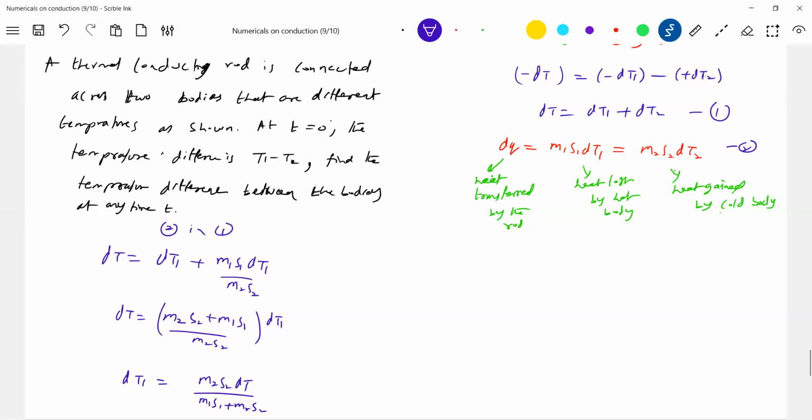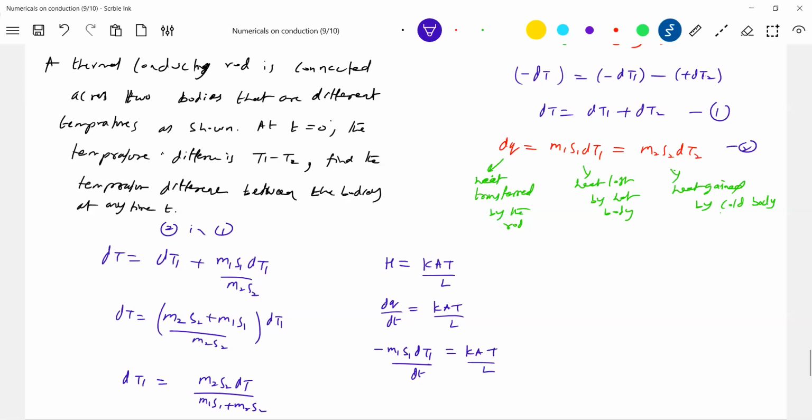So now let me get into the calculation part. H is equal to KAT by L. What is T? Temperature difference. Already we wrote it. What is H? H should be equal to dQ by dt. What is dQ? Heat lost by the hot body, minus m1 s1 dT1 by dt. dQ, heat lost, that should be equal to KAT by L. What is dT1?